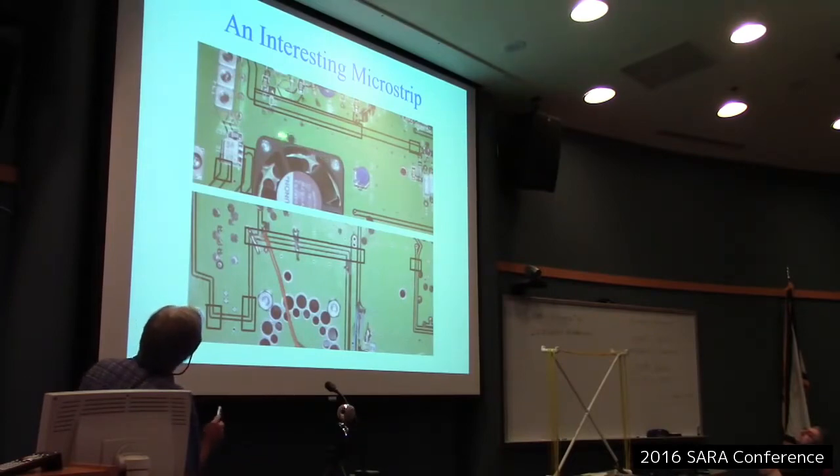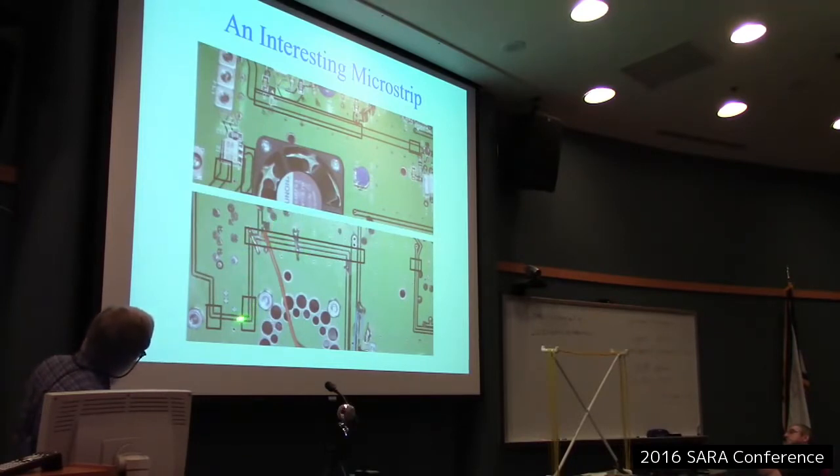This one gets a little worse yet, because that same power trace goes over here, up to a filter, down to the filter, to the receiver mixer. Well, these are your LO and the IF ports, and you might notice that same trace is running right underneath part of the traces for the LO and the IF ports. Many mixer manufacturers put a lot of effort into getting the mixer very carefully balanced inside by their manufacturing and design process so that signals wouldn't get from one port to the other.